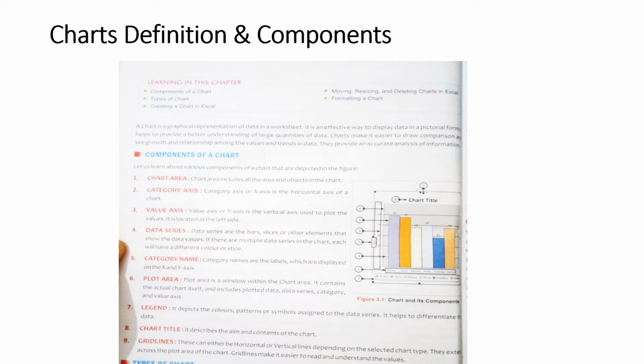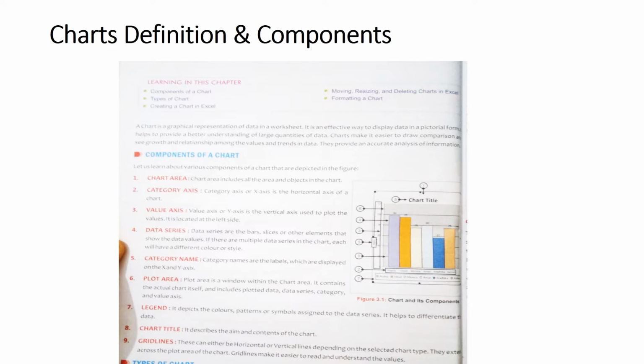The value axis or y-axis is the vertical axis used to plot the values. It is located at the left side. The vertical axis labeled with number 3 is the value axis or the y-axis of the chart.